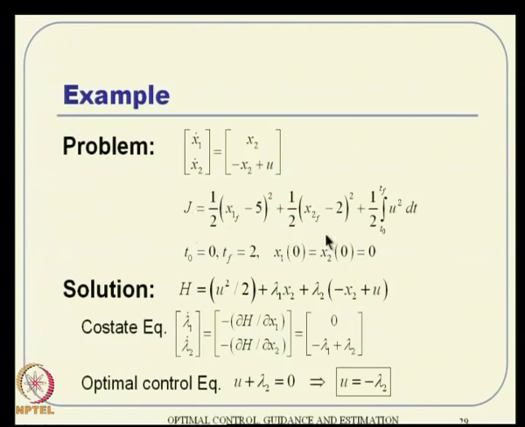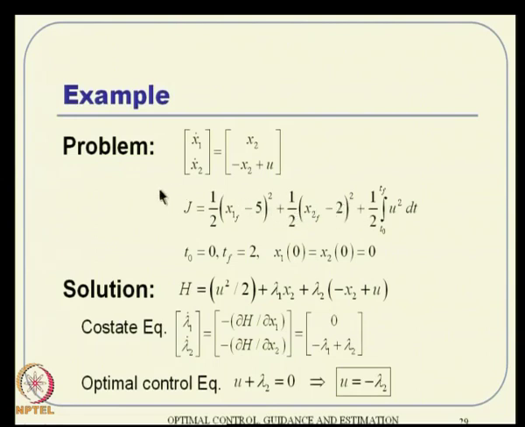What you are looking for is at t equal to Tf, and Tf is nothing but 2, that is also available. At t equal to Tf, our state values x1 and x2 should remain close to 5 and 2. We are not interested in exactly meeting 5 and 2, as long as these terms are minimized, we are okay.